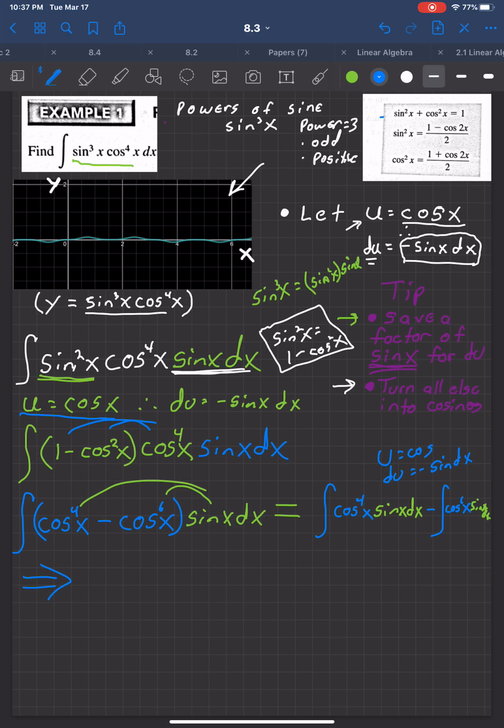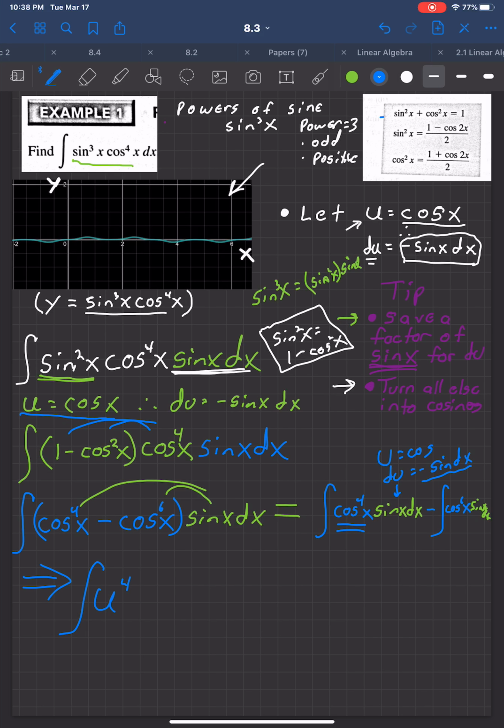So now we're going to have the integral of u to the power of 4, because cosine to the power of 4 is now just u to the power of 4. And hold on for a second. I can't just convert yet. I can't convert sine of x dx into du because I need negative sine of x dx.